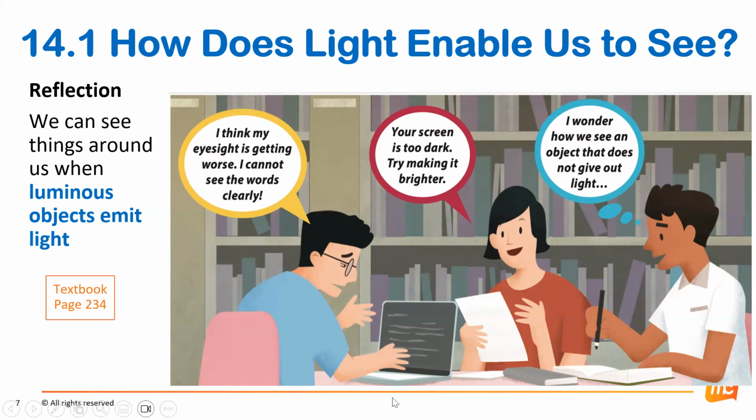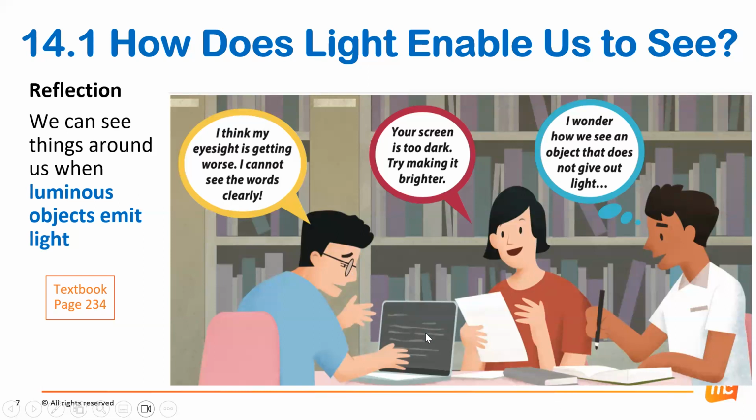In this case, the laptop is a luminous object. We say that luminous objects are objects that emit light. So this guy is able to see words on his laptop because the laptop is luminous. It gives off light, and the light directly enters the eyes. So he's able to see the things on his laptop screen.